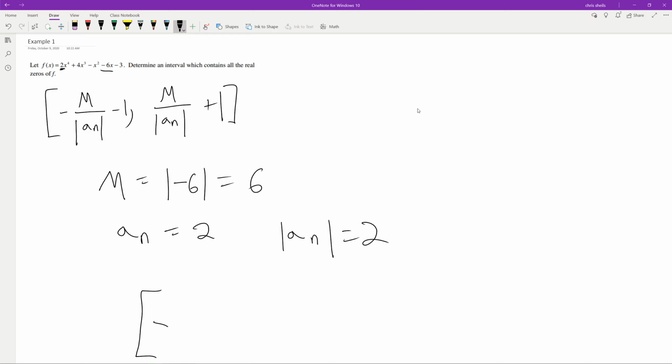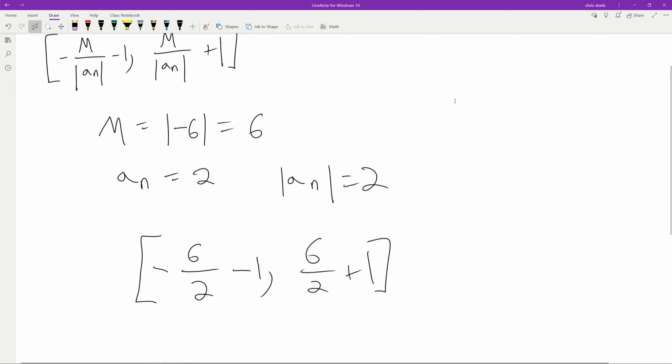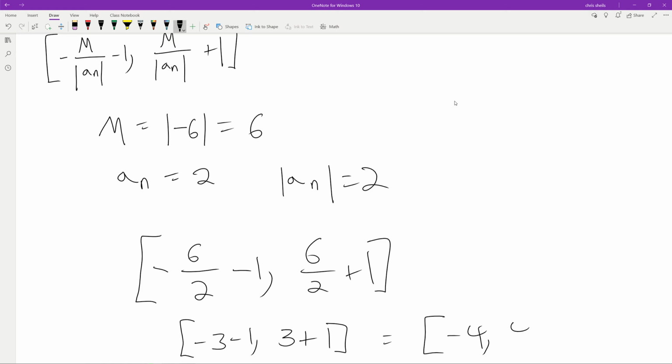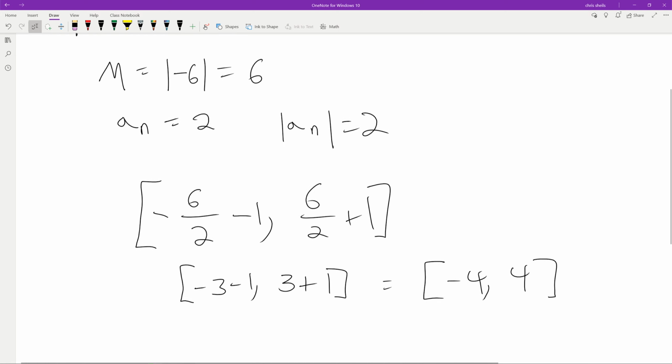From negative 6 over 2 minus 1, comma, 6 over 2 plus 1. And this simplifies to negative 3 minus 1, comma, 3 plus 1. And this gives me the interval negative 4 to positive 4, both of these endpoints being included because I have square brackets for both of them.